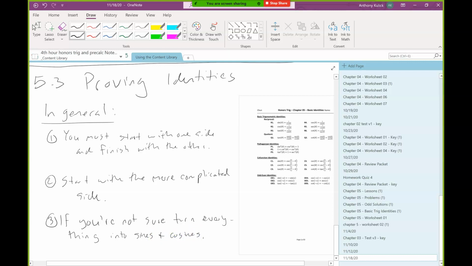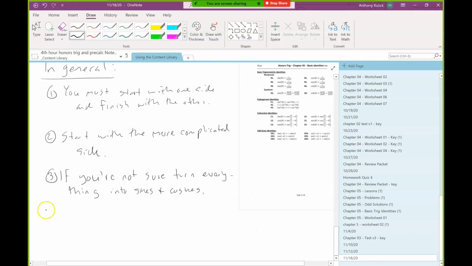If you're not sure, turn everything into sines and cosines. If you get stuck and you think, I don't know how to do this one at all, turn everything into sines and cosines. Usually it's easier to see what to do once you've done that.